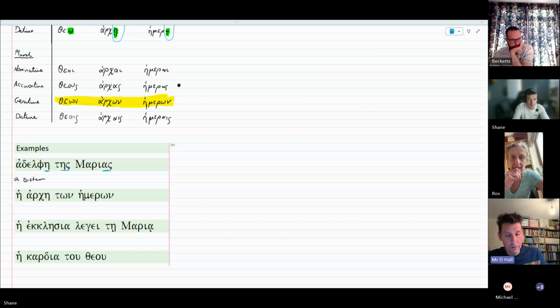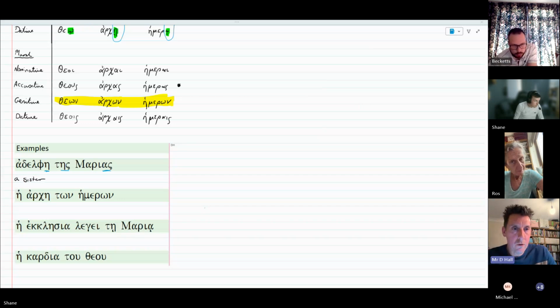And we'll notice that we're picking up a genitive, and I've realized I should have given you the articles. I do apologize. If we just drop back one moment just next to this table, we'll do the article for the feminine nouns. Okay, so the feminine nouns have an article as well. So you'll know that the article in the masculine, which we talked about before, which you already have, is ho, ton, tou, to.